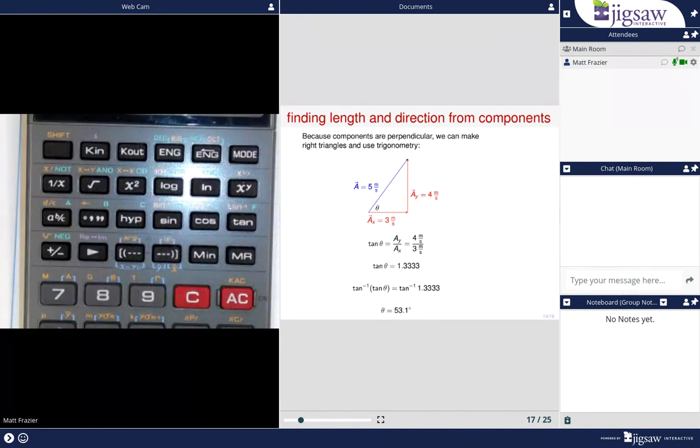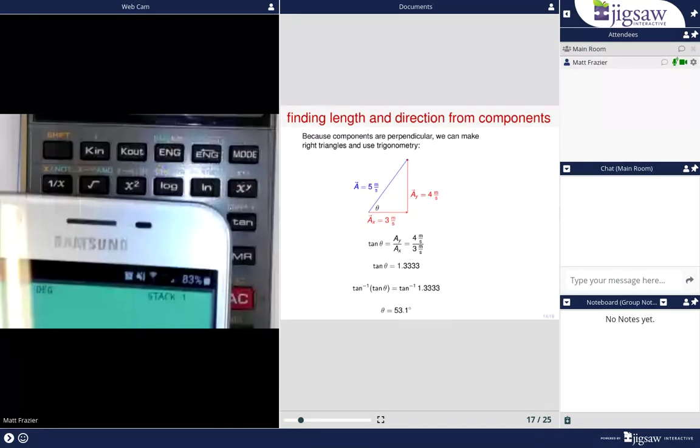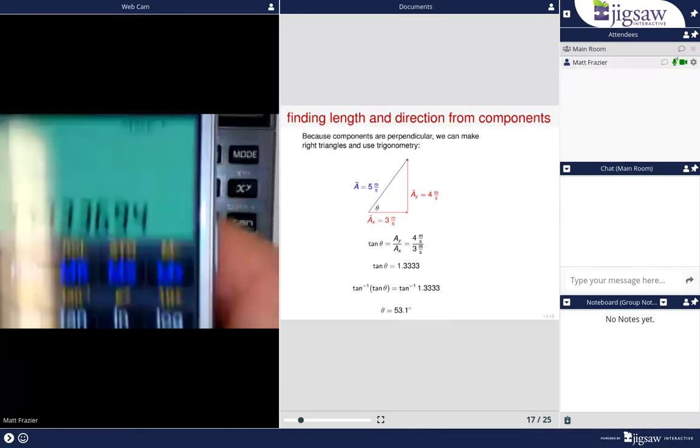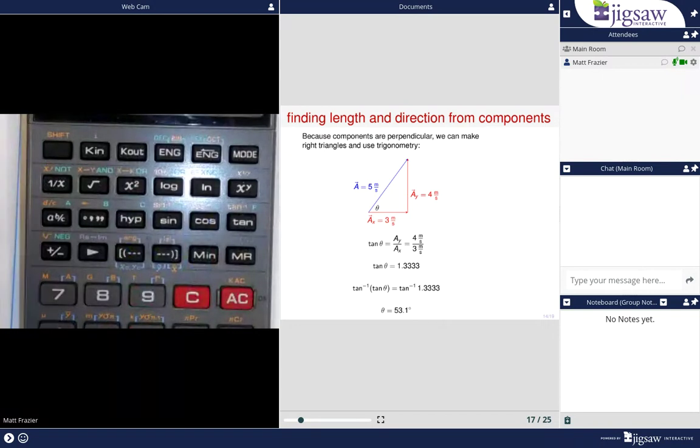You need to know how you use your calculator. I have a few different ones, and sometimes I use my cell phone as a calculator. You guys almost certainly have TI-83s, TI-84s. A few people had 85s and 86s, and that was weird. But you need to know where the commands are on your calculator.